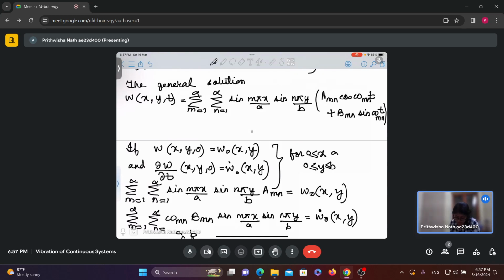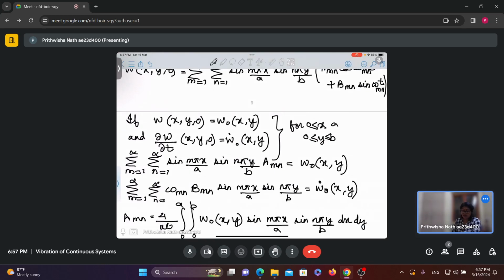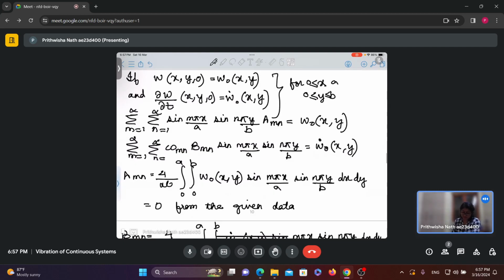Now for t equals 0, only AMN is left, that is the coefficient of cos omega mn t, and sin m pi x by a and sin n pi y by b is left. So w naught becomes AMN sin m pi x by a into sin n pi y by b. Similarly, the partial derivative of w with respect to t becomes like this.